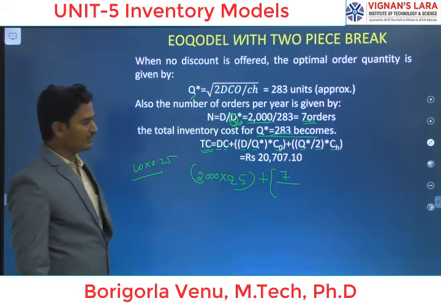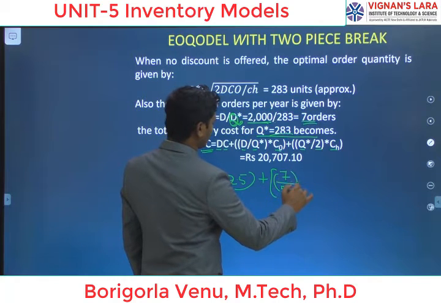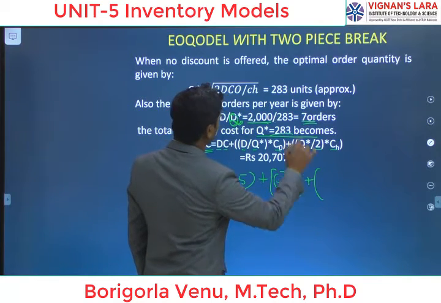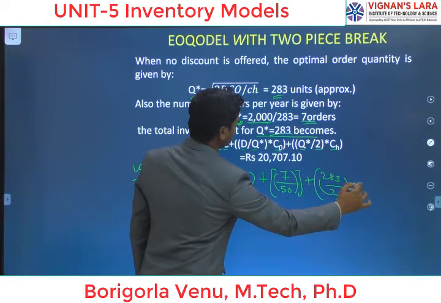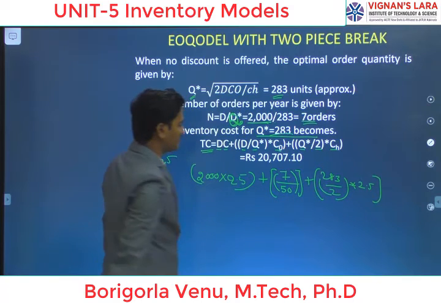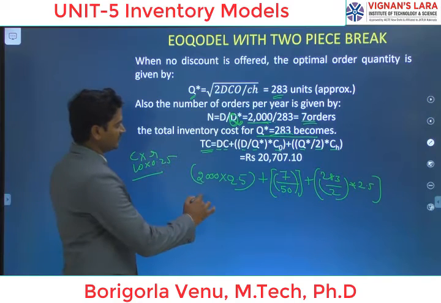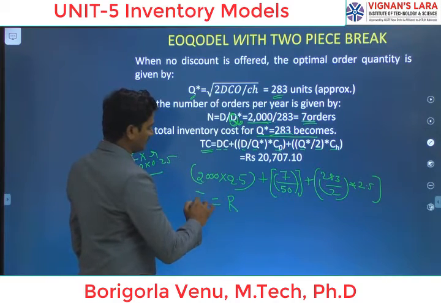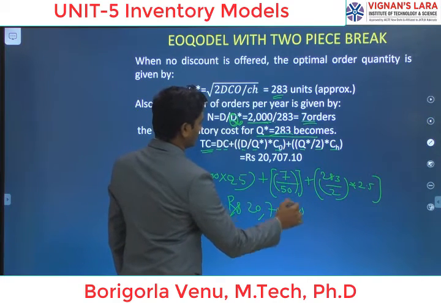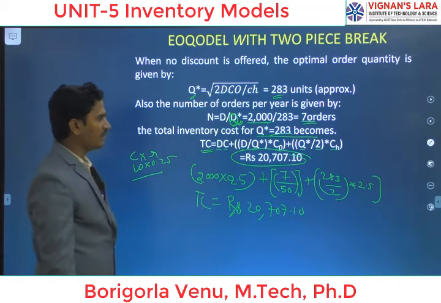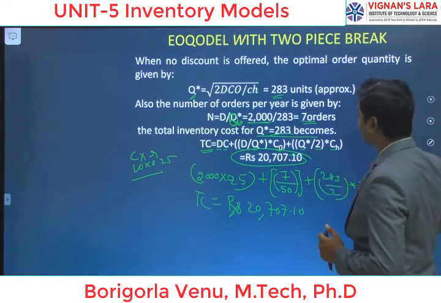C0 is given as per order, C0 equal to 50. Plus Q star is 283 by 2 into 2.5. Here the CH value is 2.5, that is CH means C into R. From this we get TC equal to rupees 20,707.10 paisa. This is the value we obtained. Okay, thank you.